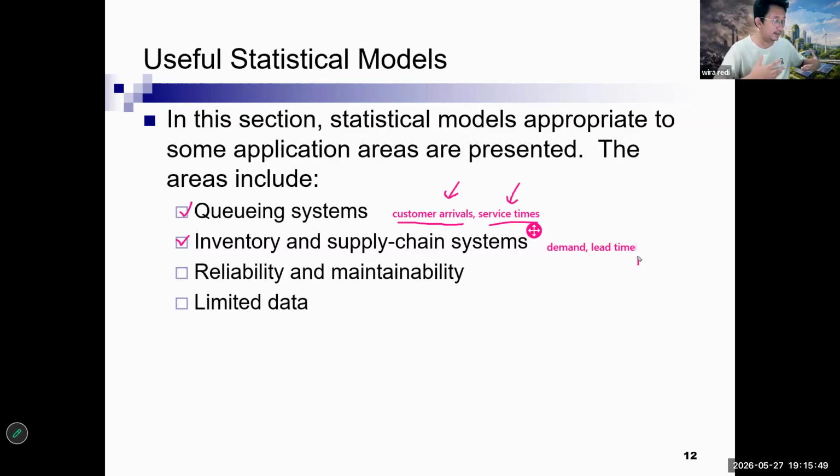For example, maybe you're working in a manufacturing company of electronic devices. One of the inventory items needs to be stored because it's a manufacturing company. We need to have all the spare parts in our warehouse, and one of the spare parts, let's say, is the battery of those electronic devices.